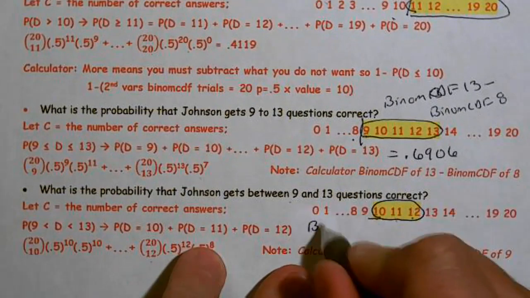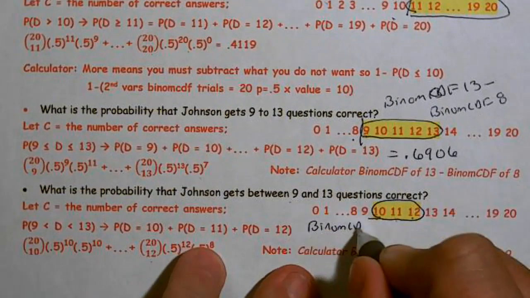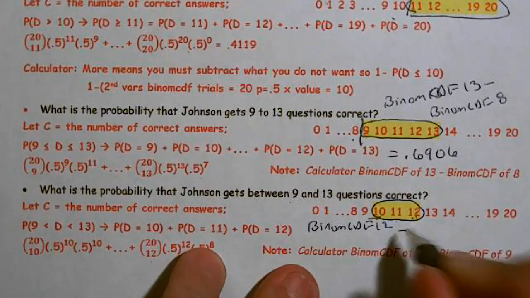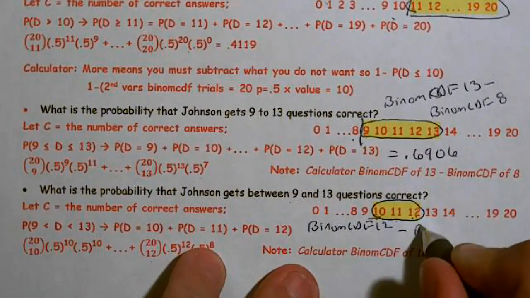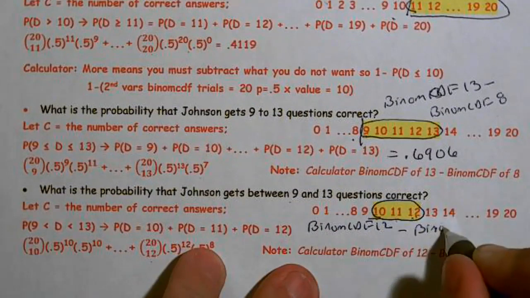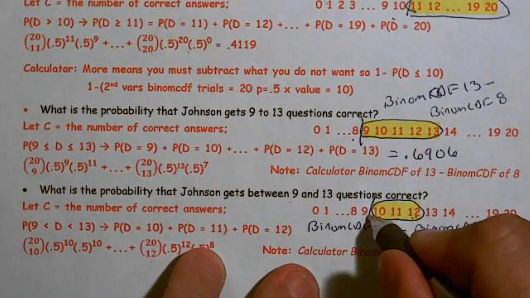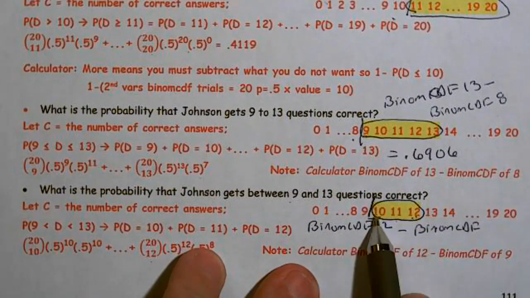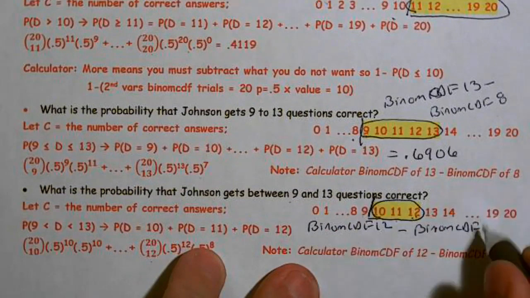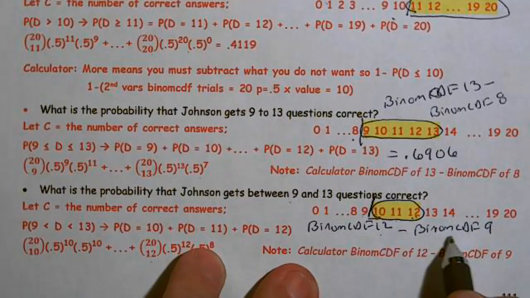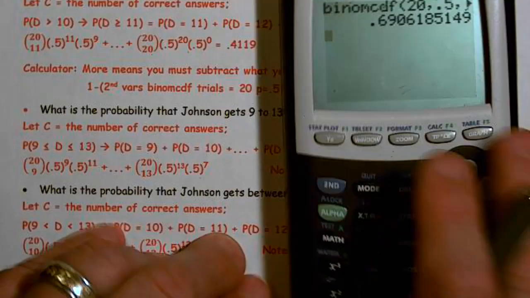We're going to have the binomial CDF of the highest thing we want. We wanted 12. And then we're going to subtract out the highest thing we don't want. We want 10, so the highest thing we don't want is 9. So this is the binomial CDF of 12 minus the binomial CDF of 9.